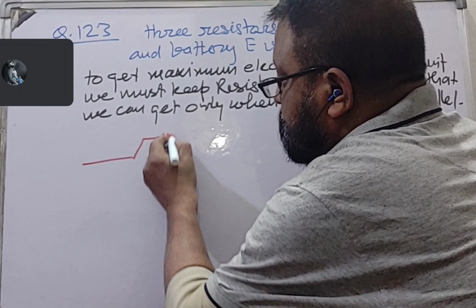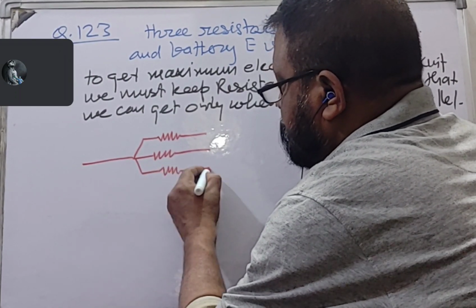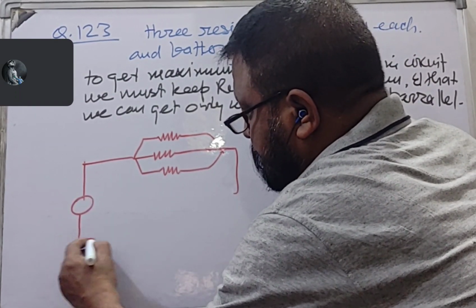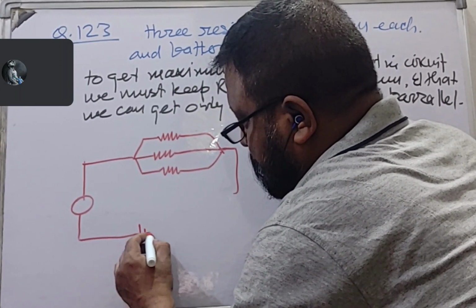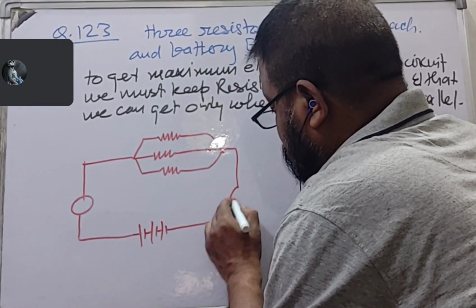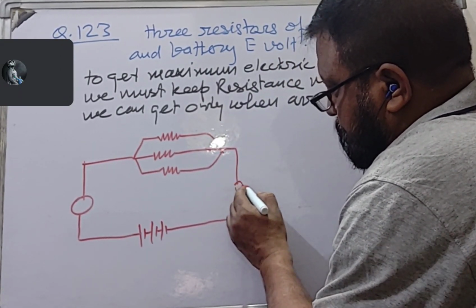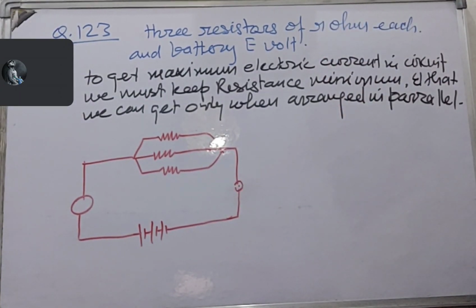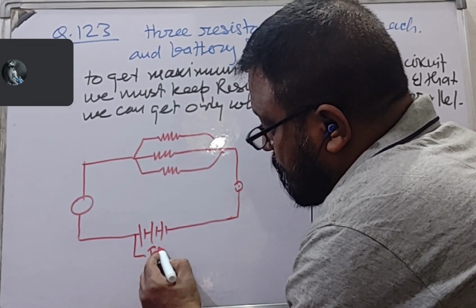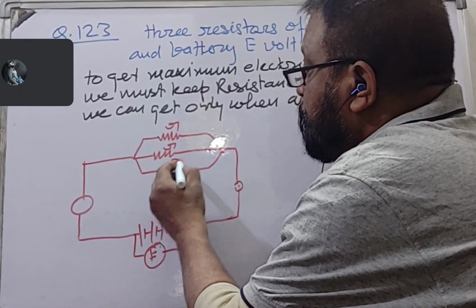These three resistors, right, and there is potential difference of E volt, and each is having R ohm resistance.